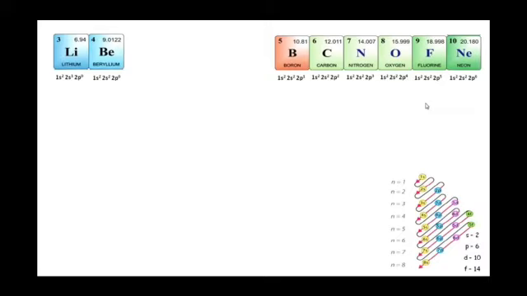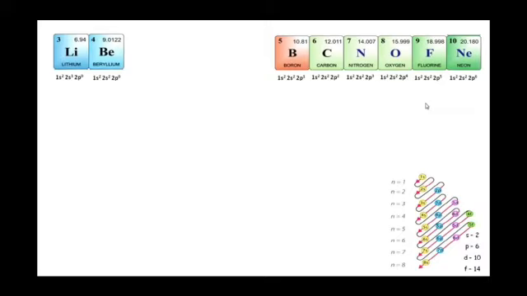Electronic configuration of lithium is 1s2, 2s1 and has two shells. For beryllium, it is 1s2, 2s2 and has two shells. Boron, 1s2, 2s2, 2p1 and has two shells.